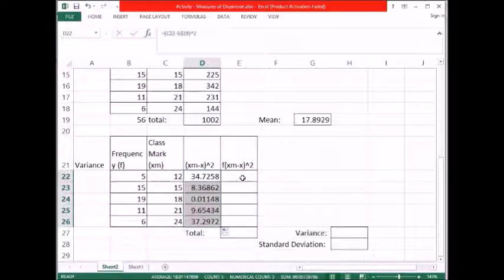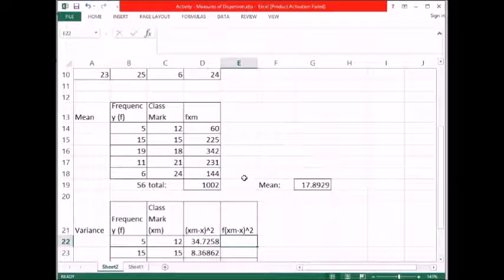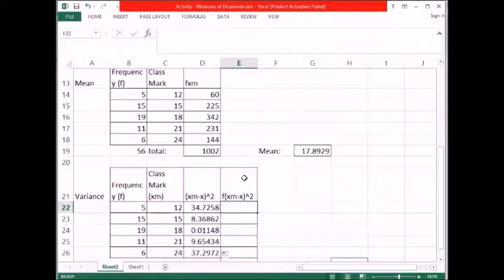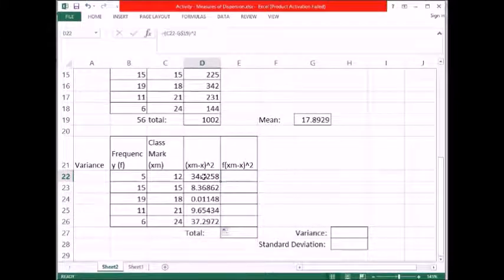Then, for the next one, same process na po ito ng sa mean, no? So, what we're going to multiply is our previous answer and the frequency, no? So, equals. Then, click mo lang po yung cell na pinaglalagyan noong iyong i-multiply. So, since we want to multiply the frequency and the square of the differences, ang kinlik natin is B22 and D22.